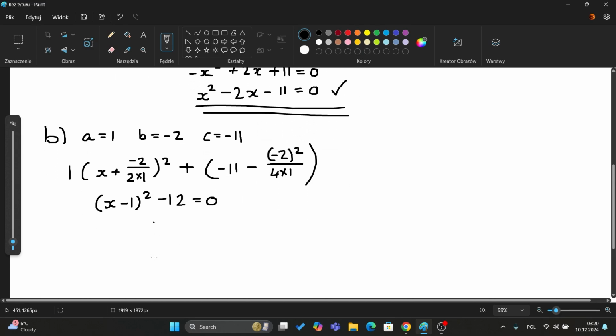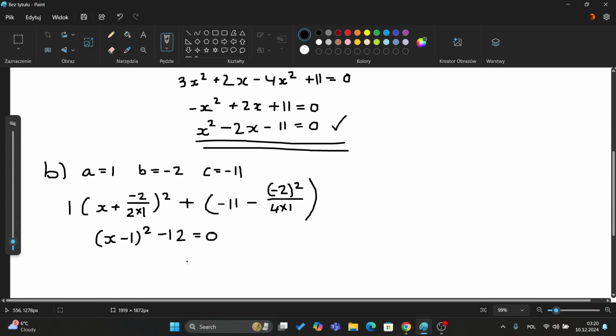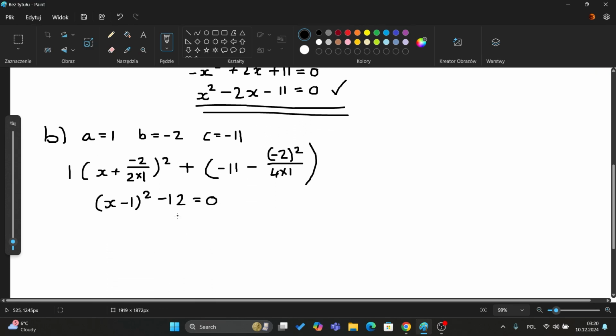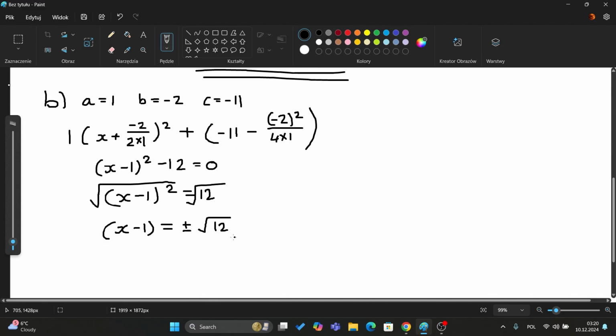So after completing the square, I got (x minus 1) to the power of 2 minus 12 equals to 0. And what I can do now is bring 12 to the other side, square root both sides. We can switch the root 12 to be root 4 times 3, which is 2 root 3. So this is plus minus 2 root 3, because root 12 from chapter 1 is root 4 times 3, and that is going to be 2 root 3.